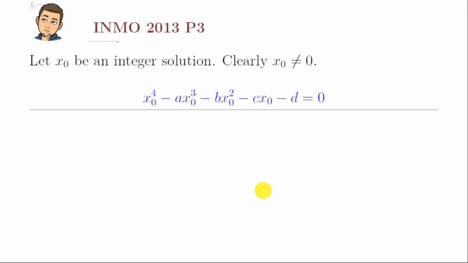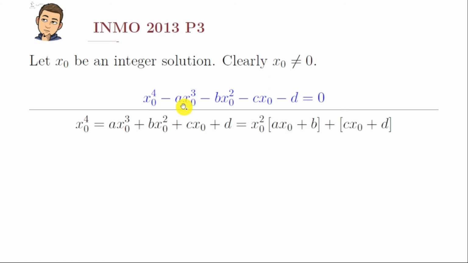For this solution, we will also use a contradiction. We assume that it has an integer solution, but it is slightly different here. And we also use the previous result that we already know that x0 cannot be equal to 0. It must be non-zero.